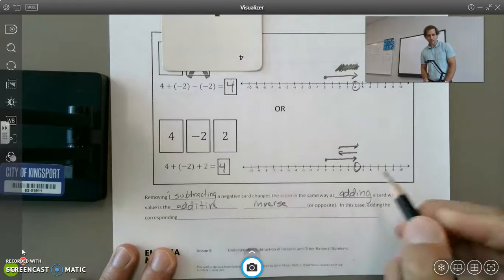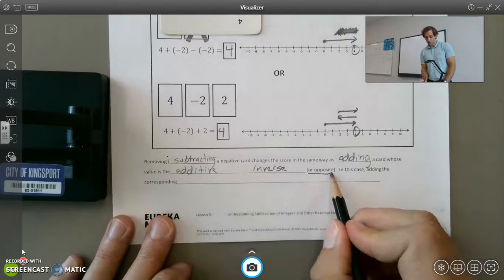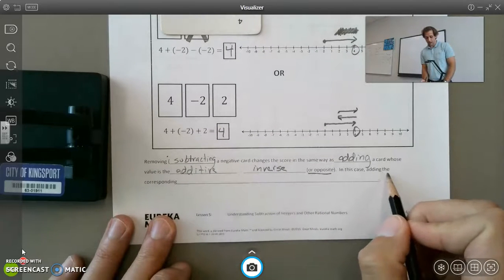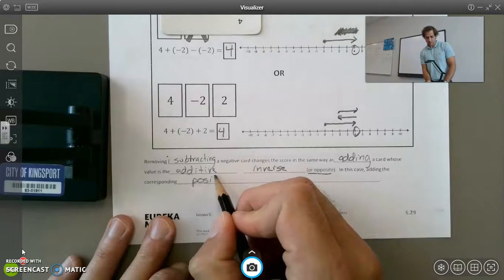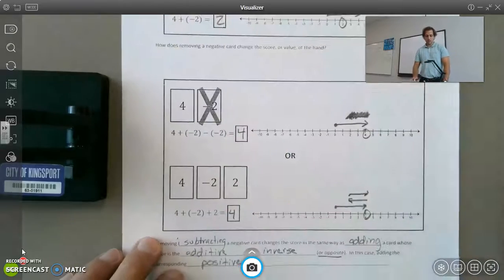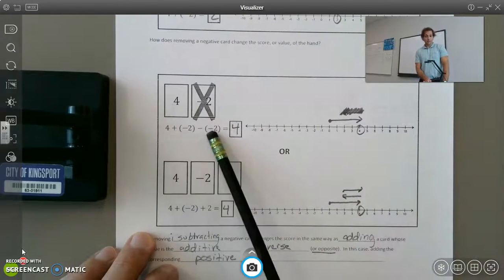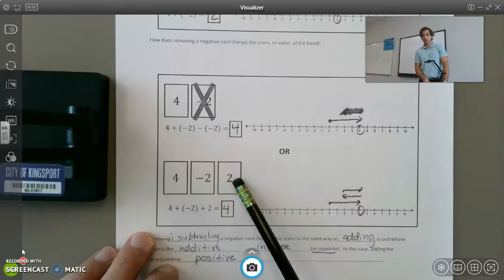Additive inverse is a synonym for opposite, just to remember. In this case, we were adding the corresponding positive. So all we're saying is subtracting negative 2 is the same as adding positive 2.